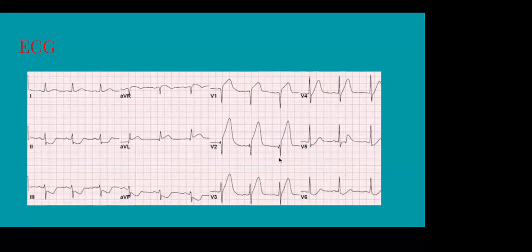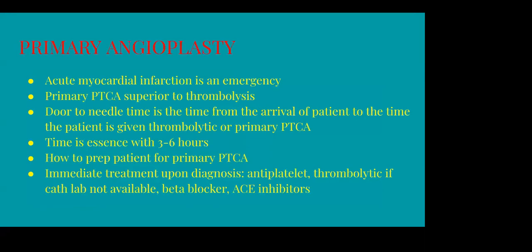So true. It's an acute anterior MI, maybe anterior septal. And so the diagnosis is obvious. This diagnosis is acute myocardial infarction, acute anterior septal, which is an emergency. The treatment of choice is primary PTCA, which is superior to thrombolysis.